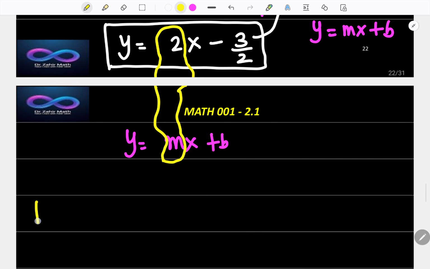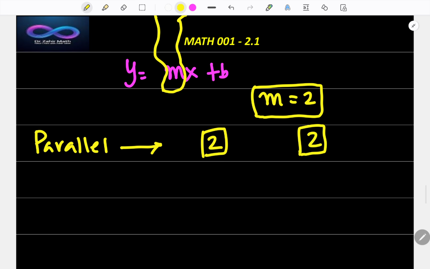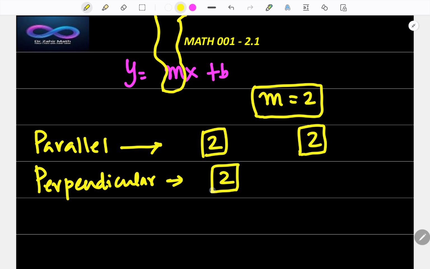So if the lines are parallel, now you got m is equal to 2. Forget about m1. The slope of the first line is 2 and the slope of the second line is also 2. If the line is perpendicular, the first line slope is 2 and the second line slope is flip and then put a negative sign.